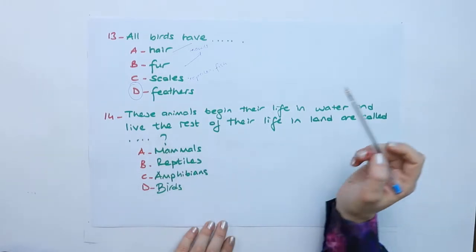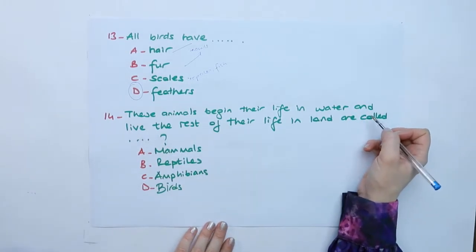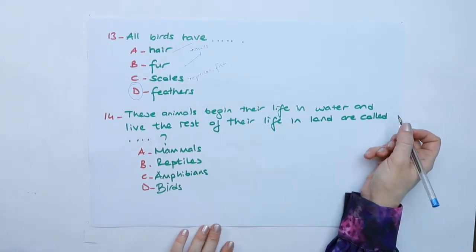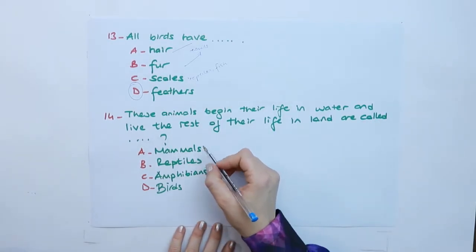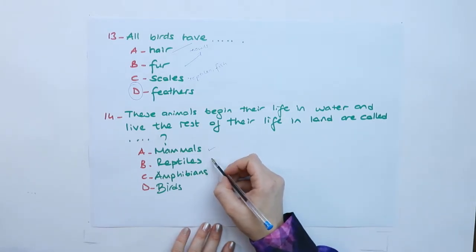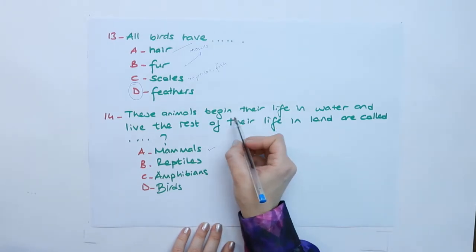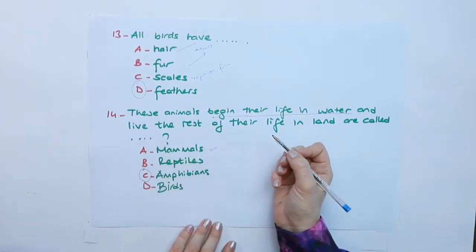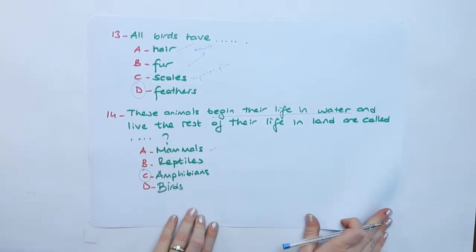Now, these animals begin their life in water, live the rest of their life in land, are called. Now, mammals live on land, reptiles also. Some reptiles live on water, that's true, but still they don't begin their life in water. Only amphibians do, so we choose C.